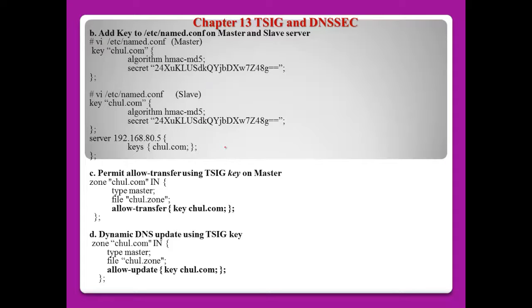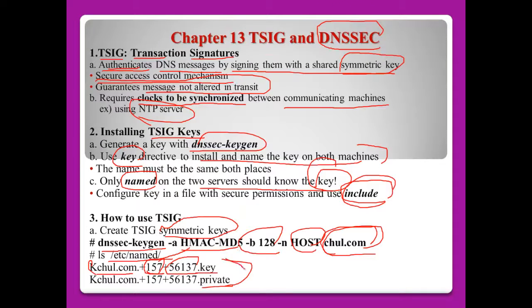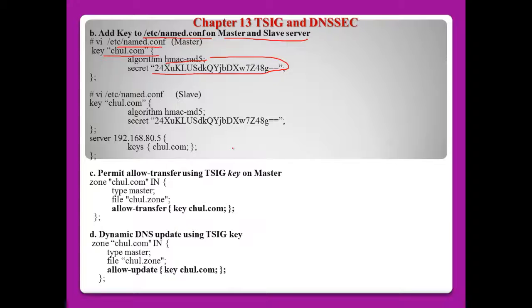If we are successful in creating these keys, we need to add this key to etc named.conf on the master and slave. For example, in the master named.conf, we add the key name churl.com, the algorithm and the secret. If you open and read this file, you can see this kind of secret.